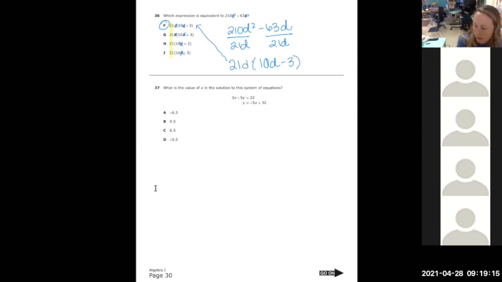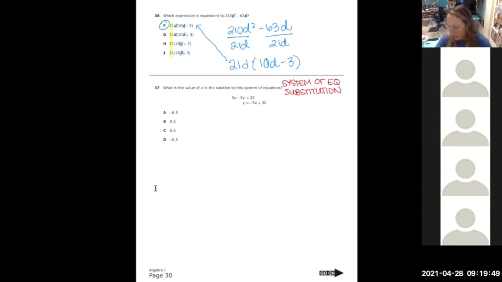Okay, number 37 is a system of equations problem. We did one yesterday too, and it's asking us to find the x in the solution. So we are automatically already set up to do substitution. So remember, if you want to learn more or watch another video about substitution, Google system of equations, substitution, and lots of notes videos will come up.